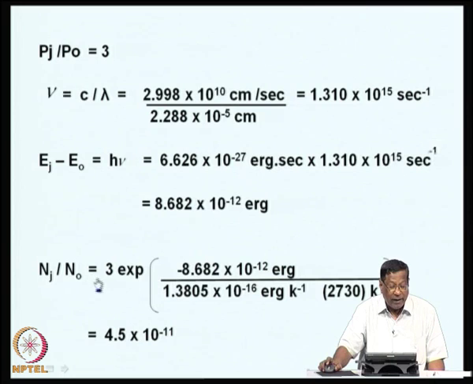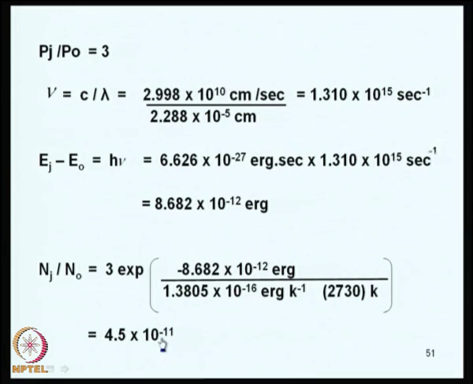And then Nj by N0 we can calculate using this expression, and what you see is 4.5 into 10 raised to minus 11. The number of atoms in the ground state and the number of atoms in the excited state, if you take the ratio, you will get 4.5 into 10 raised to minus 11.